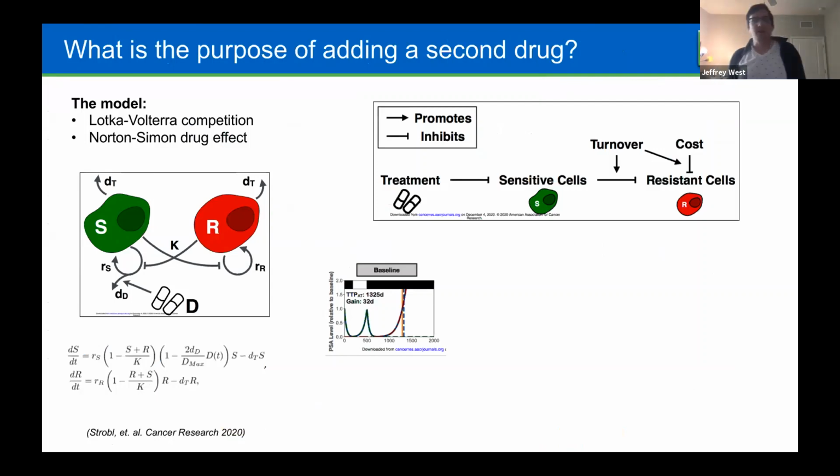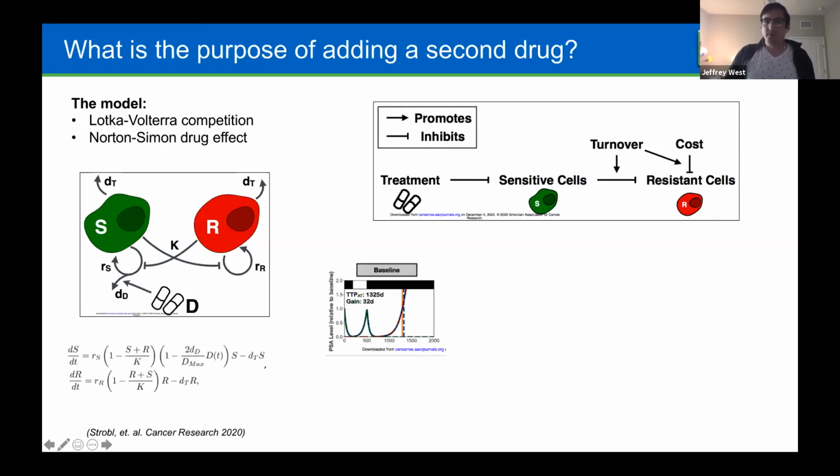In order to think about what the purpose of adding a second drug is, I'm going to talk about the first paper, which is Maxi Strobel's recent cancer research paper that was released about a month ago. He mentioned this briefly in his talk. It's a Lotka-Volterra competition model with a Norton-Simon drug effect. And the summary schematic of the model is over here.